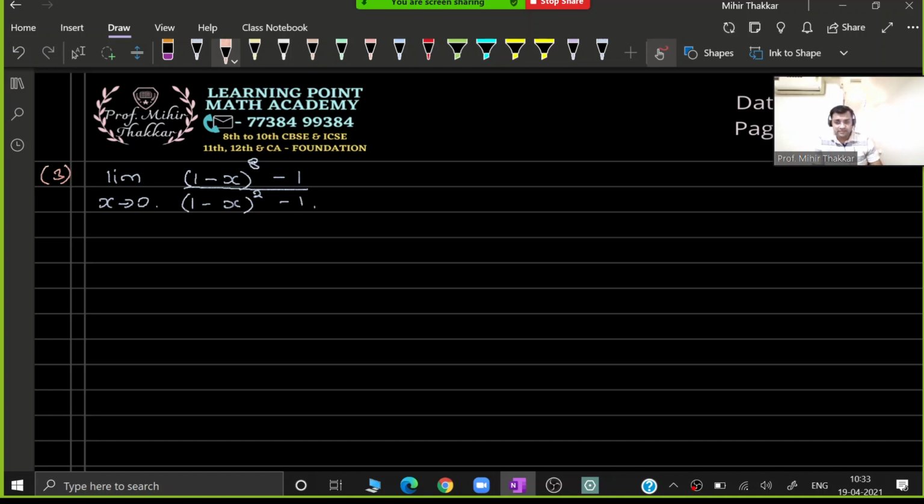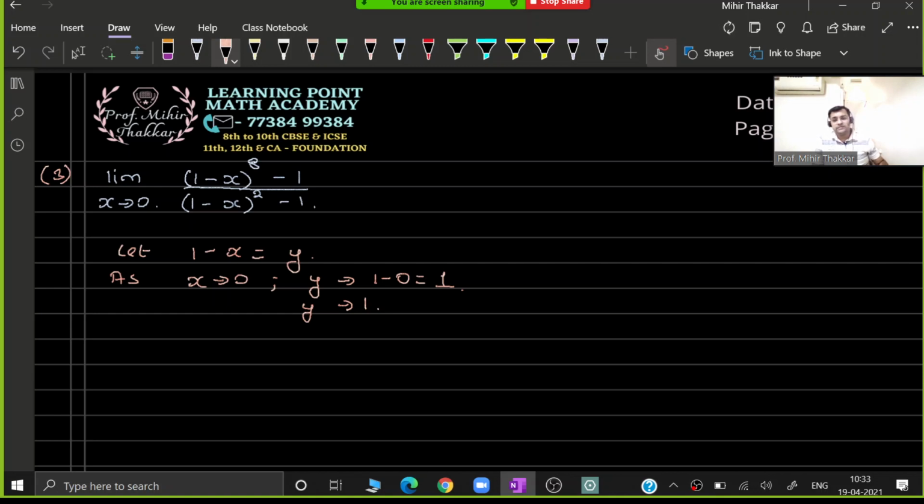You have to say, assume that let the bracket element 1 minus x is equal to a new variable y. So if I know that 1 minus x is a new variable y, you can get as x tends to 0, y tends to 1 minus 0, which is 1. So ultimately, I can say that y tends to 1.